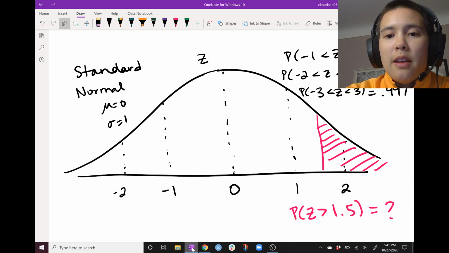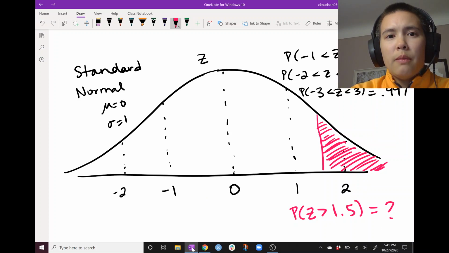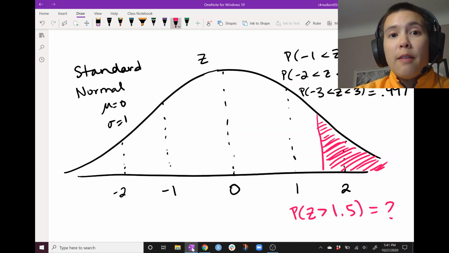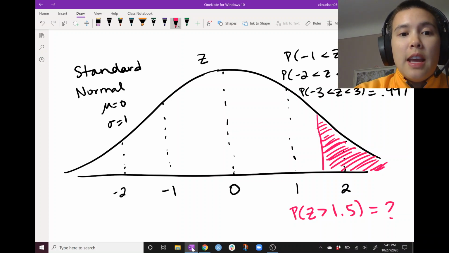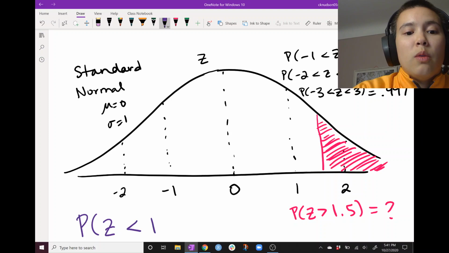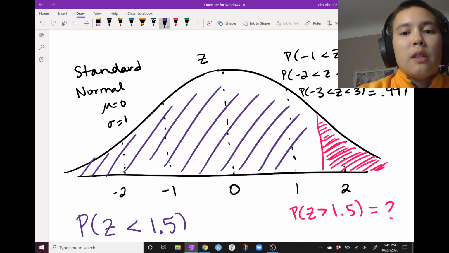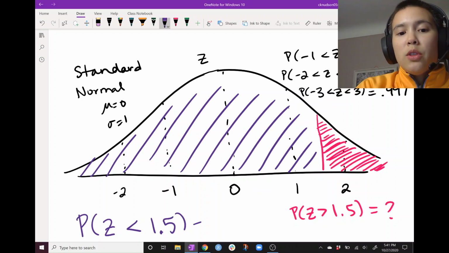Does it seem like this area here could be 0.933? No. So what that website is giving us is the probability that z is less than 1.5. So that's this purple area here. This is equal to 0.933.